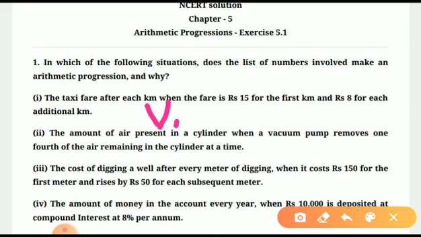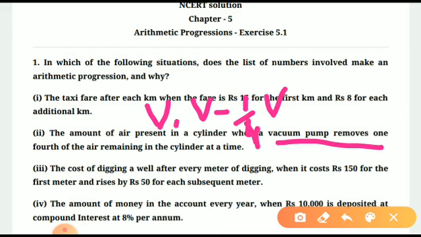Then when a vacuum pump removes 1/4 of the air remaining in the cylinder, what will be left is V minus 1/4 times V. So now in the cylinder we have V minus V by 4 amount of air.